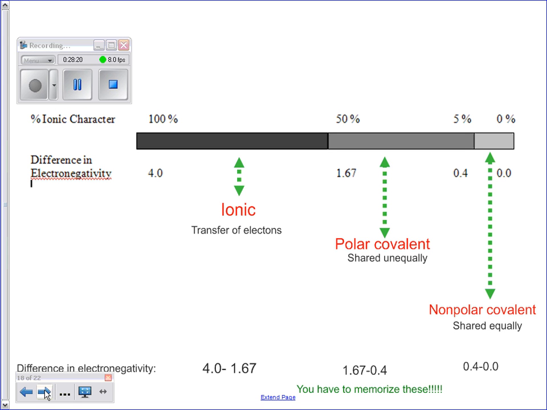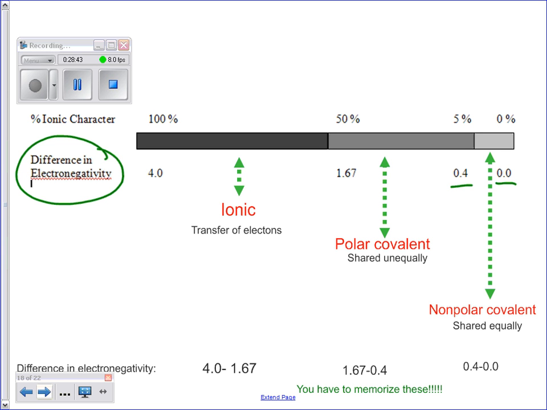So on this table, you do have the numbers that we give you. You're going to be taking the electronegativity values and subtracting them. And you're going to have three different ranges. If it's between 0 and 0.4, that means it's a nonpolar covalent bond.